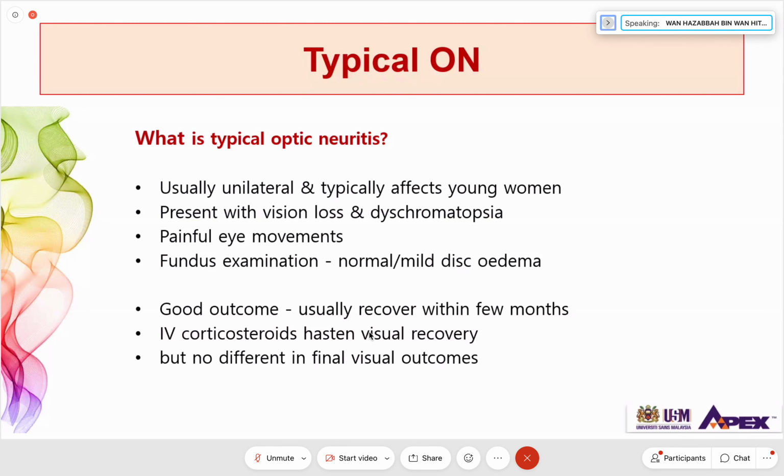It will recover, most of the time within a few months. The role of IV corticosteroids, as suggested in ONTT, will speed up the recovery, but at the end there will be no difference in the final visual outcome.